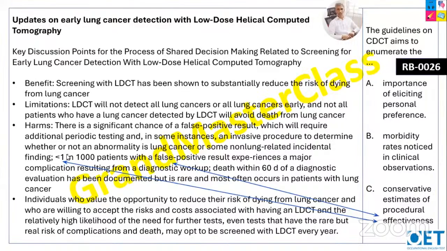Yes, Mahin, you can ask. Mahin, unmute. Yes, sir. What is the meaning of conservative estimates? Conservative means traditional.